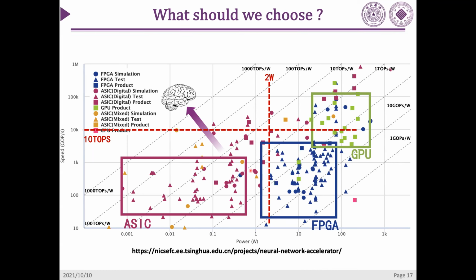And for ASICs, most of the publications are lower than 1 watt and higher than 1 teraops per watt. So this figure shows how we can choose the different hardware parts. But all these are also the ASIC part, so I will try to introduce it later on.